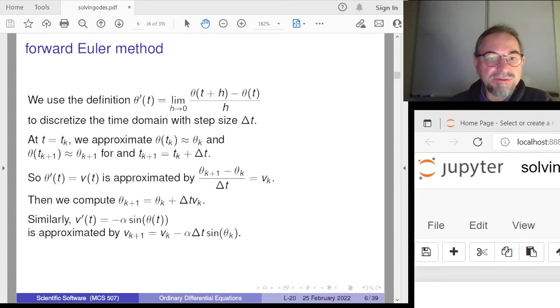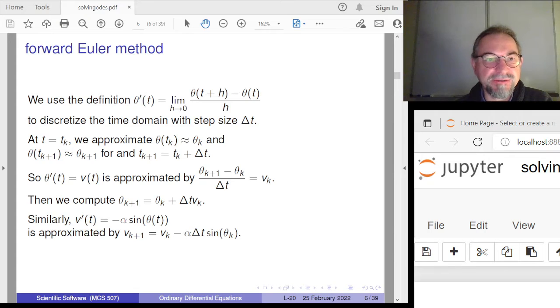Okay, so here is one method that we can define in numerical analysis. If you have taken numerical analysis, this is very familiar. We discretize the differential equation choosing a step size, delta t. So delta t is finite.